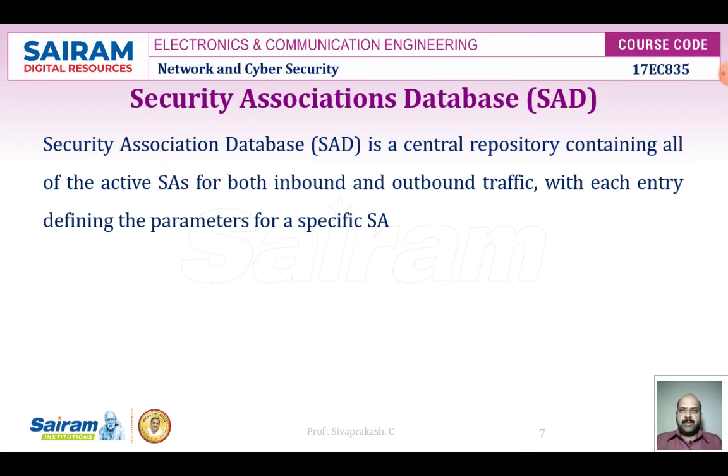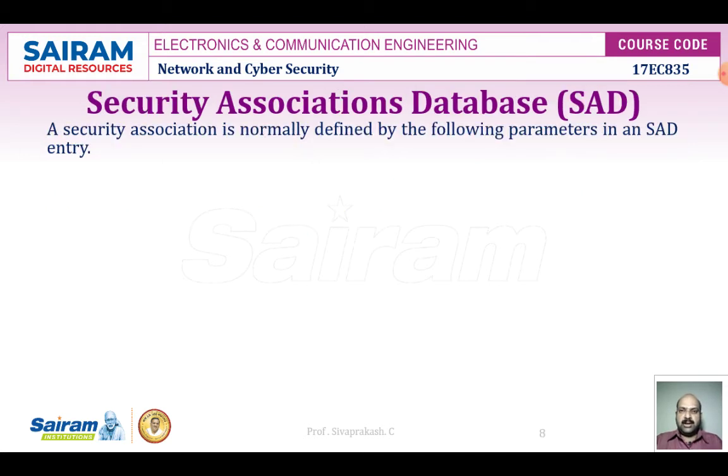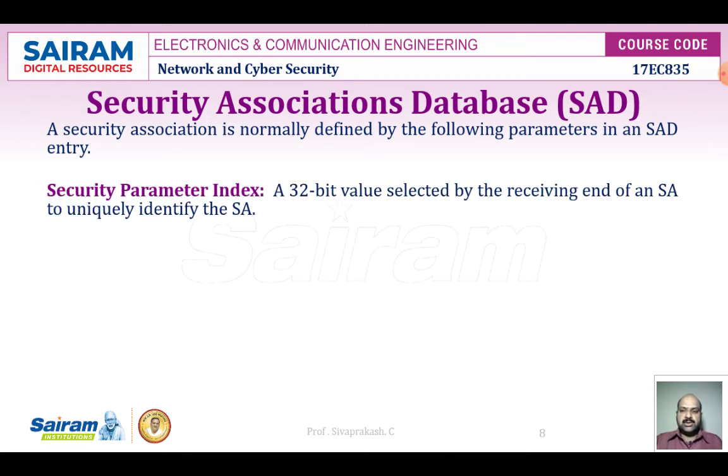In each IP security implementation, there is a nominal security association database that defines the parameters associated with each security association. A security association is normally defined by a few parameters entered in a security association database entry. Let me discuss them one by one.